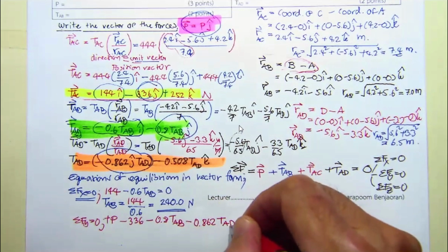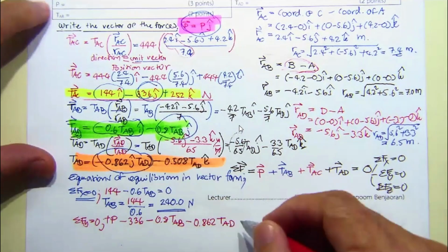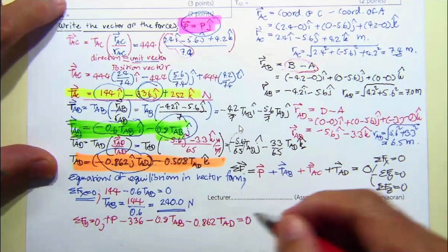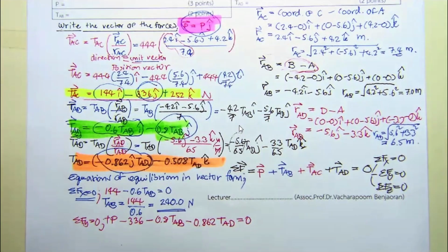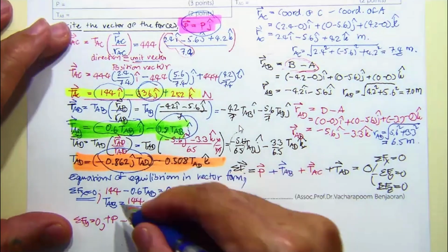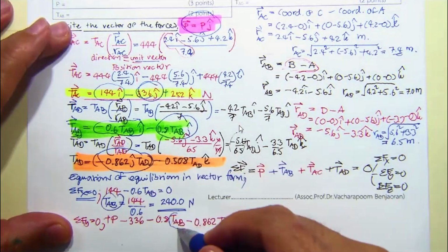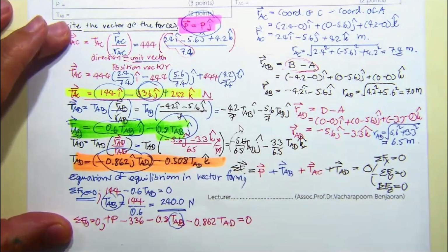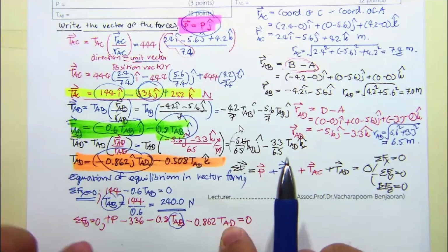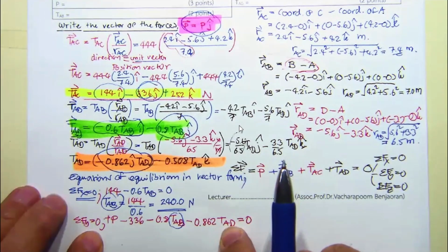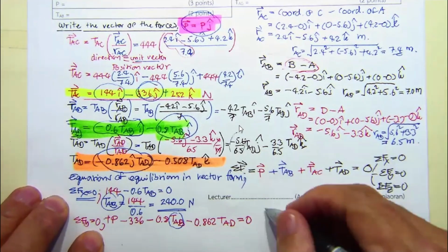You have a total of 4 terms. Then this is going to be equal to 0. Now, you may put T sub AB over here. Okay. But you don't get the solution yet. Go to the next one.